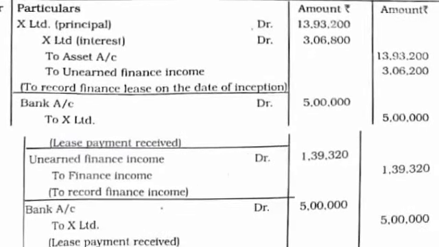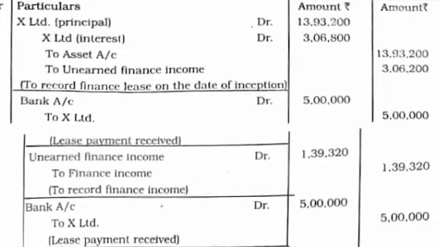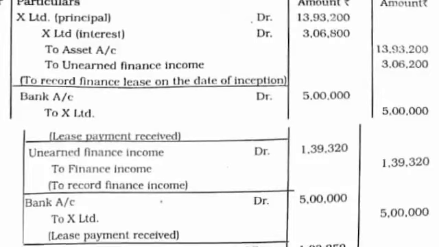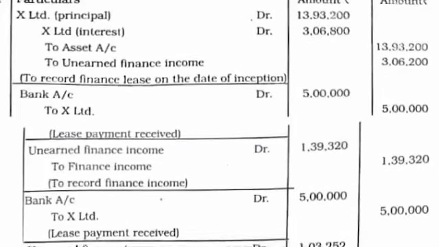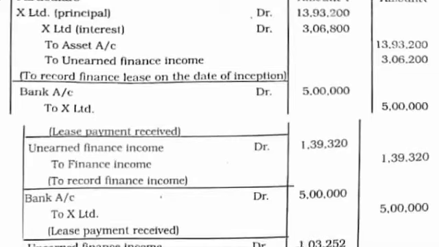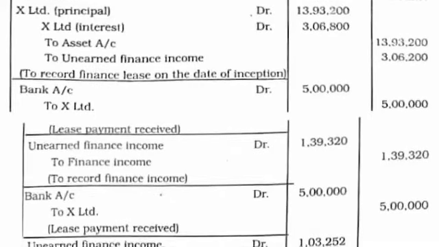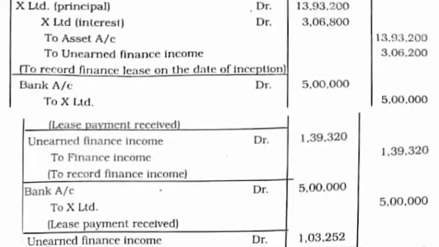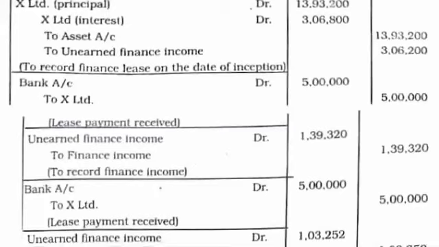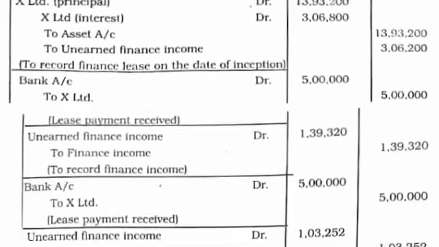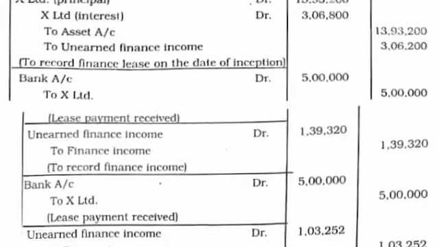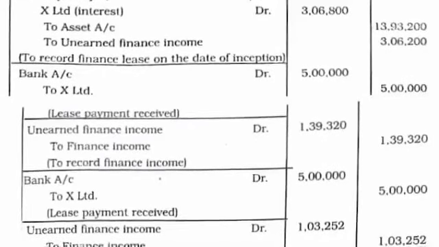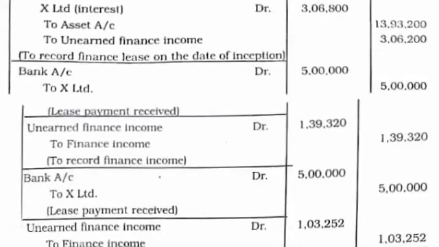X's paid amount is rupees 13 lakh 93,200 as principal amount, and 3 lakh 6,800 as interest amount. Then the amount goes to asset 13 lakh 93,200, and unearned finance income 3 lakh 6,800. This is the first entry for showing the purchase of the lease asset.